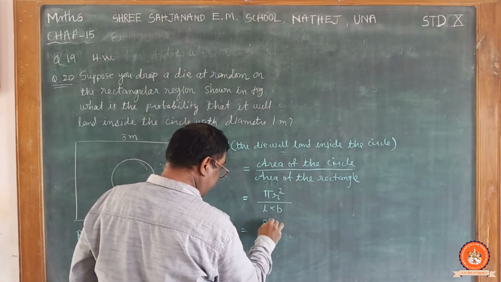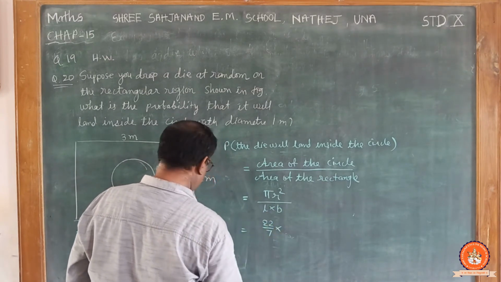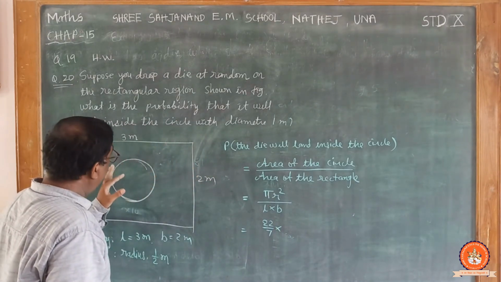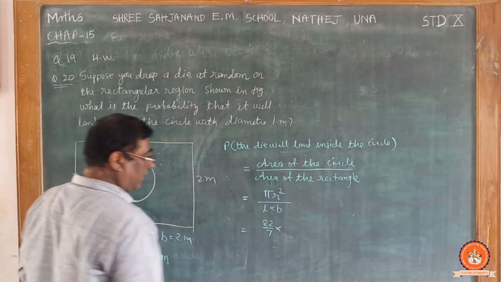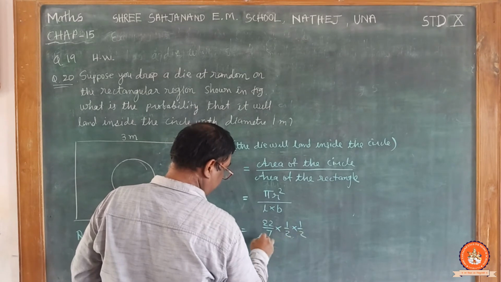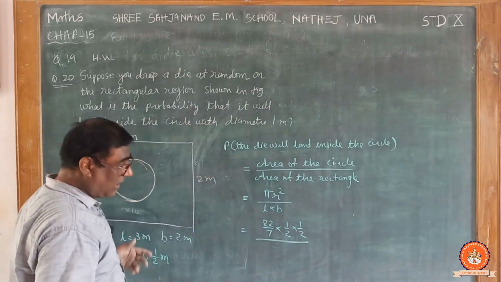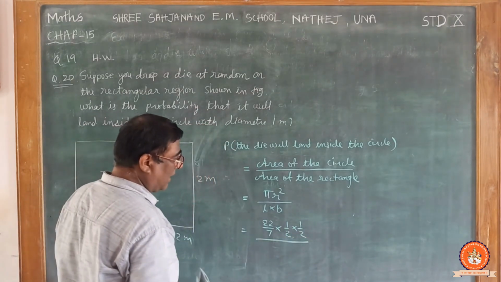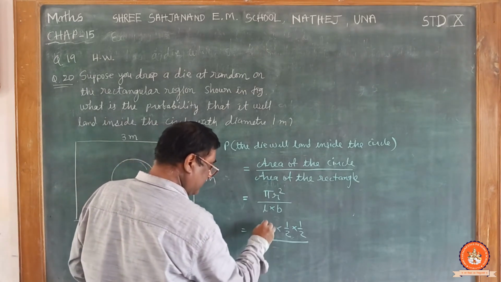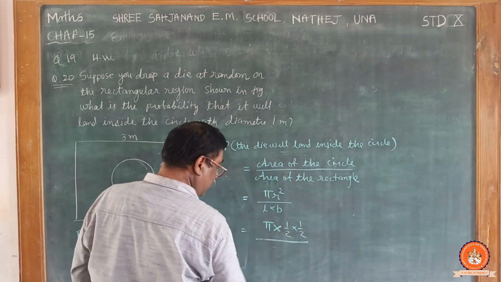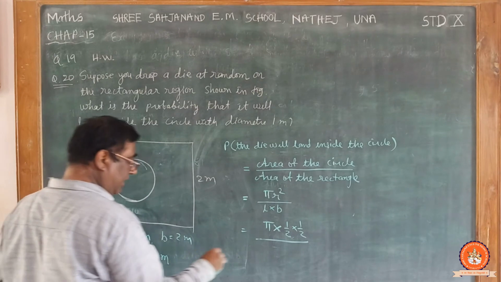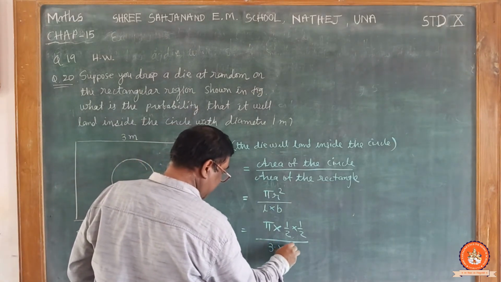So it's pi r square, where r square is radius 1 by 2 into 1 by 2. We will not substitute the value of pi; I think keep it as it is. And L into B, so L is 3 meter and B is 2 meter.